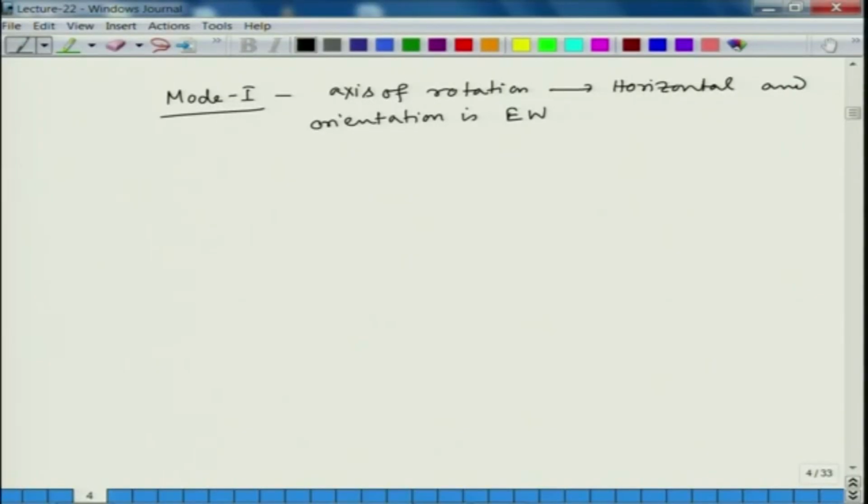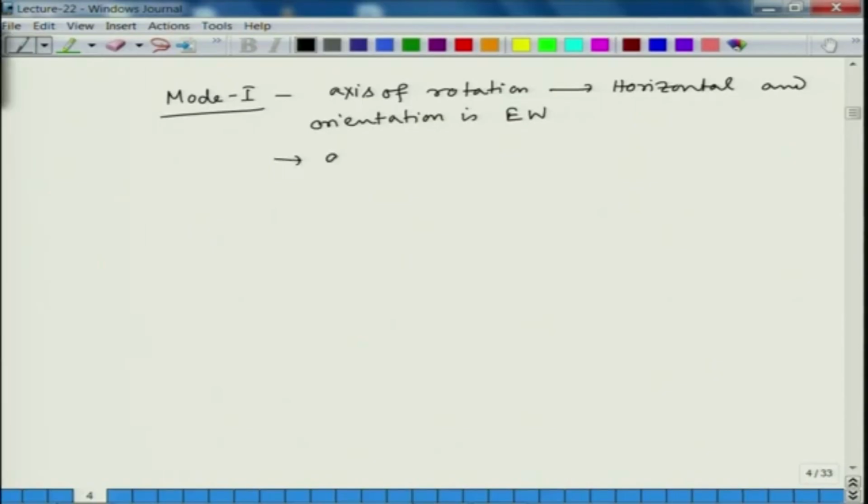So, whenever I say in mode 1 we are choosing horizontal axis and the orientation of that axis is east to west. So, wherever you are, you can imagine that in east to west you can put the axis and you can put it horizontally. Okay. So, please visualize it.